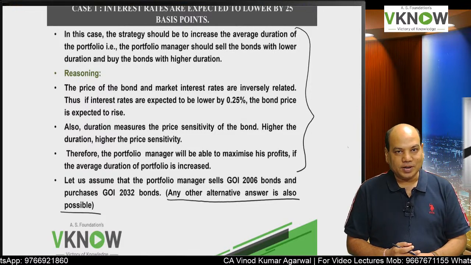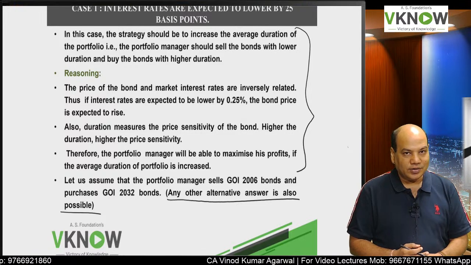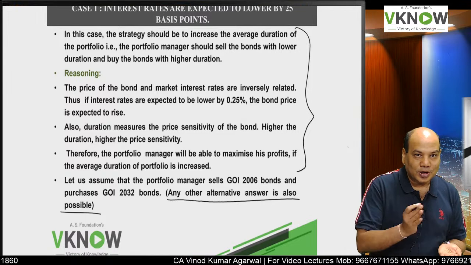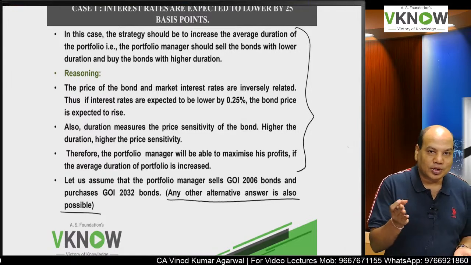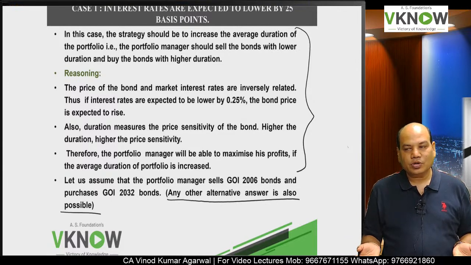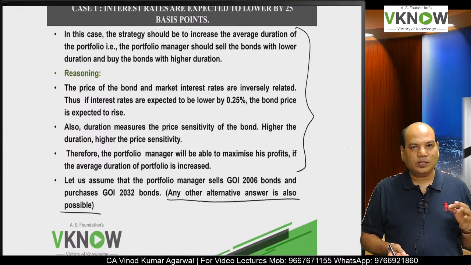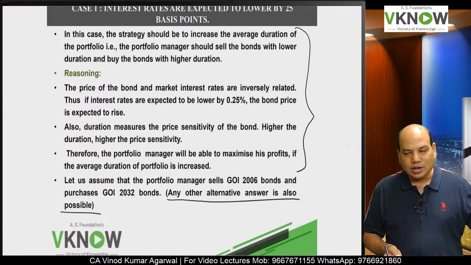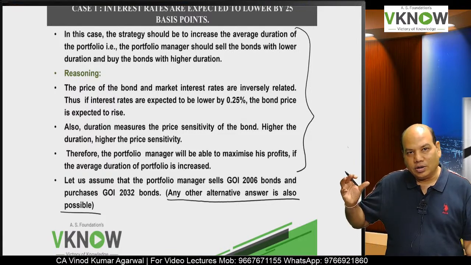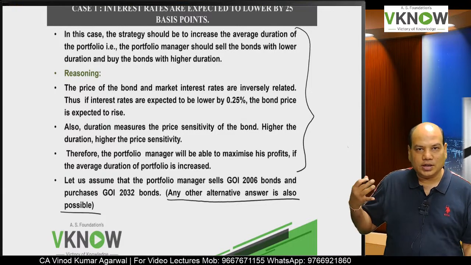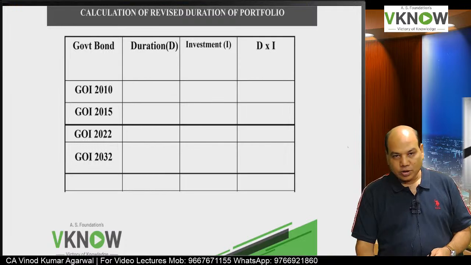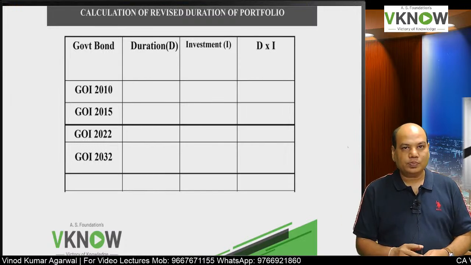If the rate of interest, instead of falling, goes up and you put all your money in 2032 bonds, there will be a huge loss. So therefore, as a student, we will play safe. We will sell only one bond which has lowest duration and buy the bond which has the highest duration.